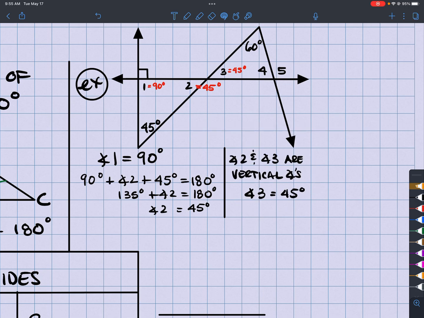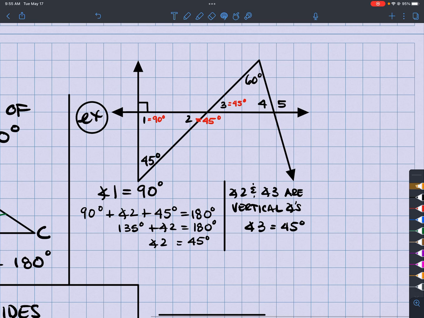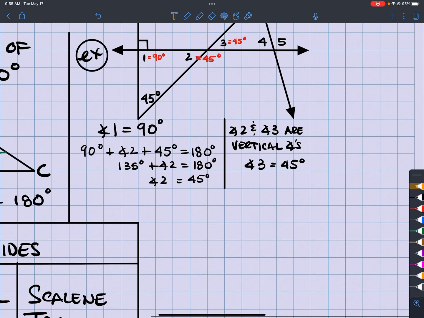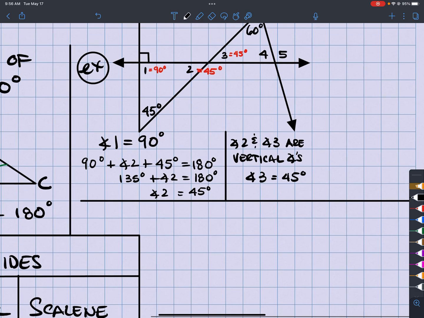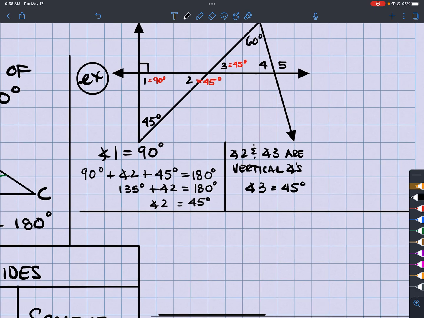We got plenty of space here, so let's put it right down here for now. All right, so what I know is that I can say that angle 3, which is 45 degrees, plus angle 4, plus that 60 degrees, is equal to 180 degrees, right?